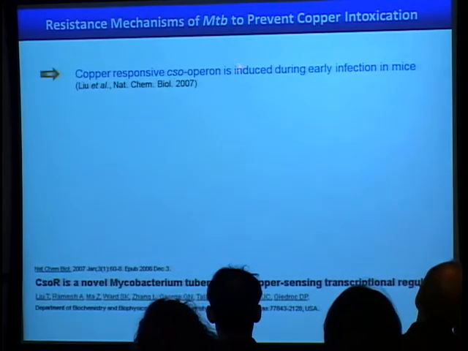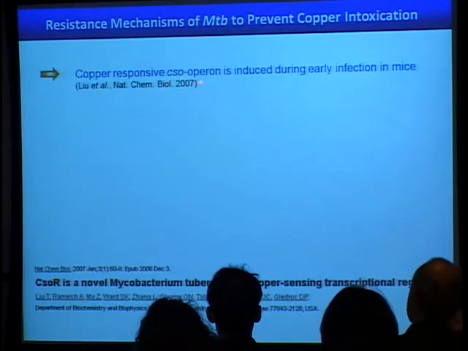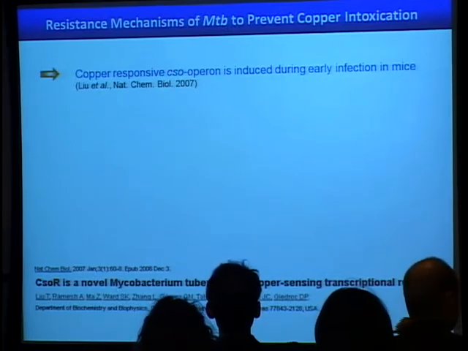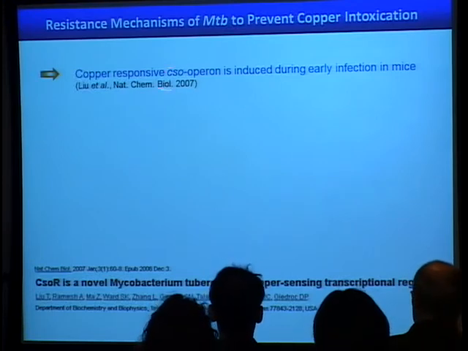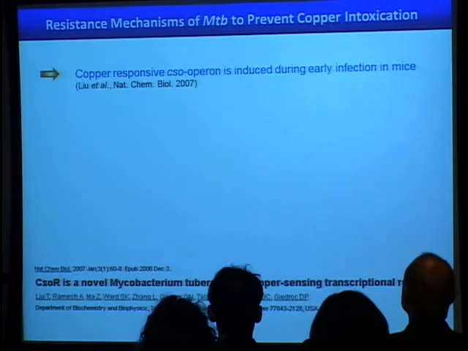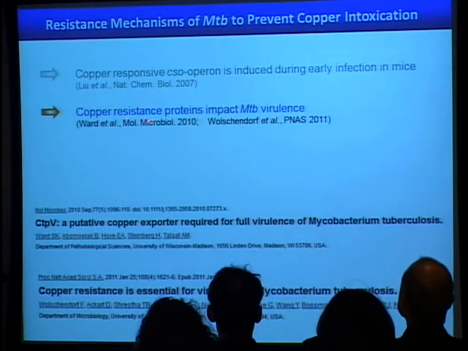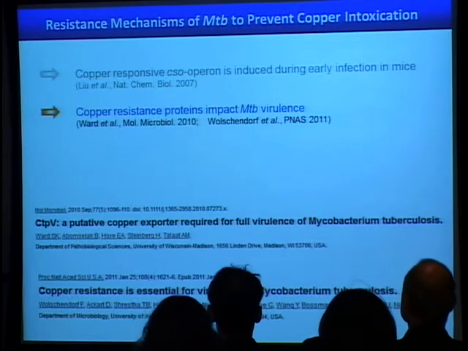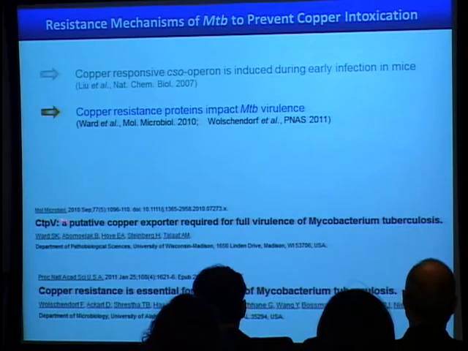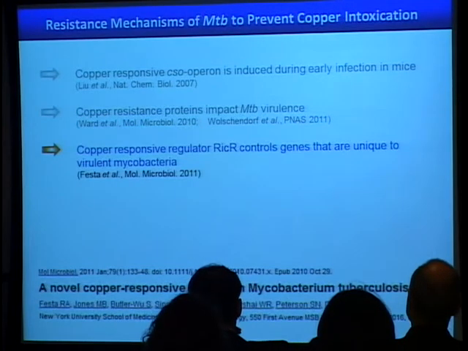In Mycobacterium tuberculosis in 2007, the copper-responsive cso operon was discovered, and this is controlled by CsoR, a transcription regulator, and it controls an operon that consists of a putative copper exporter. Just like MctB, this CtpV protein impacts virulence of MTB.